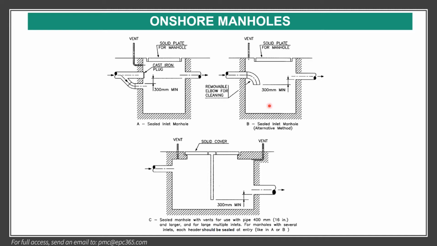This is the manhole. Normally the manhole is a sealed inlet manhole, like this, with a solid plate, and there is a solid plate coming here and going from a 300 millimeter distance outlet. There is a vent, and also there are different types, this one is for multiple entry.